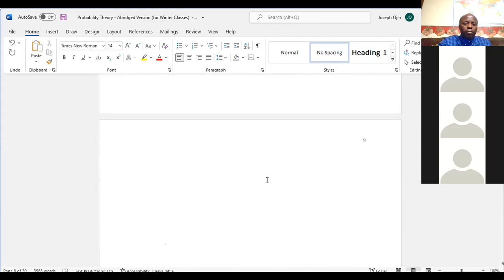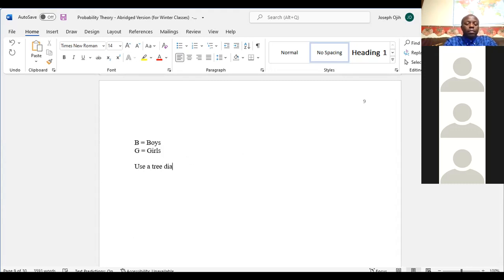Let's say that a family decides to have 3 kids. What are the possibilities for the gender of those kids? Of course, we can use B for boys and G for girls. So we can use a tree diagram to find the sample space.